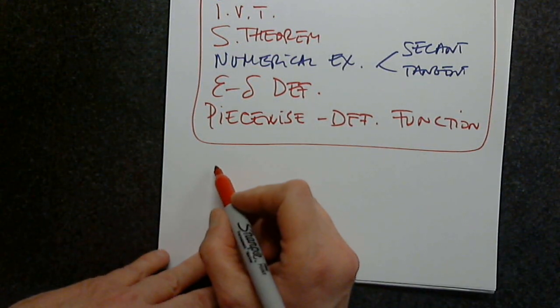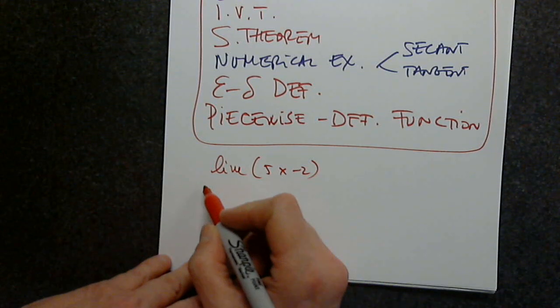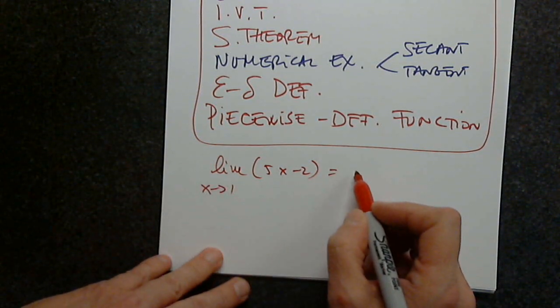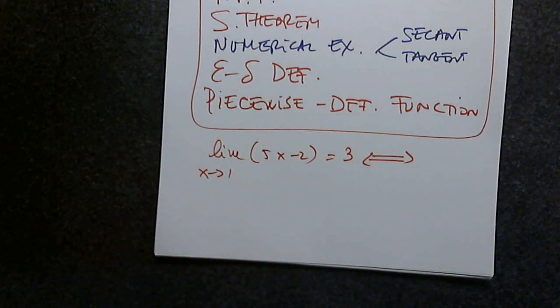Okay, so we have limit of 5x minus 2 as x approaches 1, and they say it's 3. Do not believe it, just check it. And we're asked to use the definition, the epsilon delta definition of the limit, and show. And we have to show both ways. How do I start?